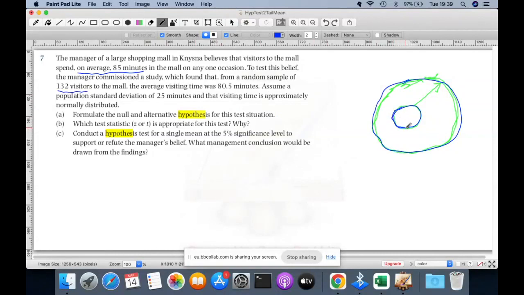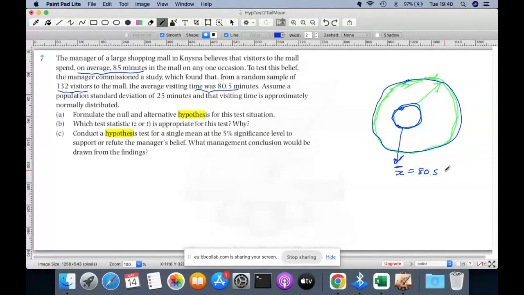We can get the average of the sample. This is feasible because we only have 132 people, and we've done that. If you look at the problem, it says the average of them is 80.5 minutes. So the average of the sample, x bar, is 80.5 minutes.